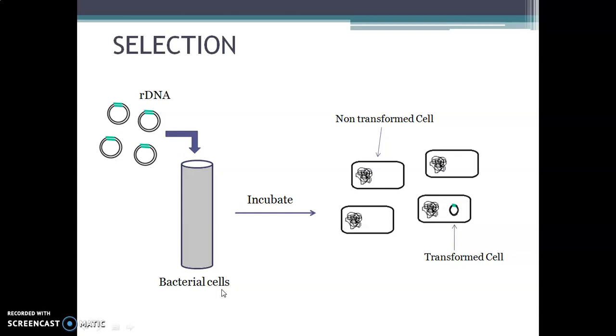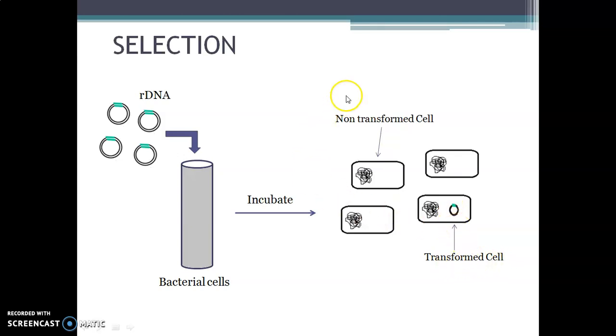Because of all these factors, we get a mixture of two kinds of cells. The cells which do not have the vector in them are known as non-transformed cells, and the other type of cells, which have allowed the rDNA to enter inside, are known as transformed cells.